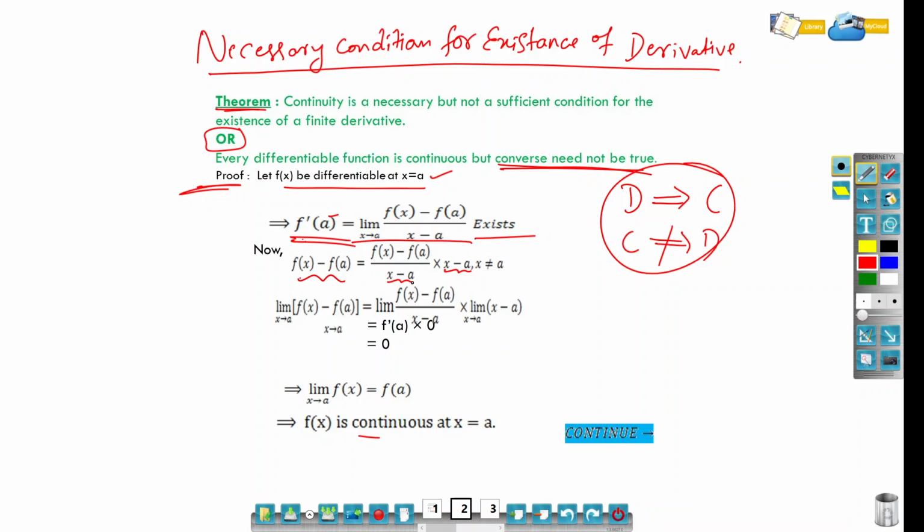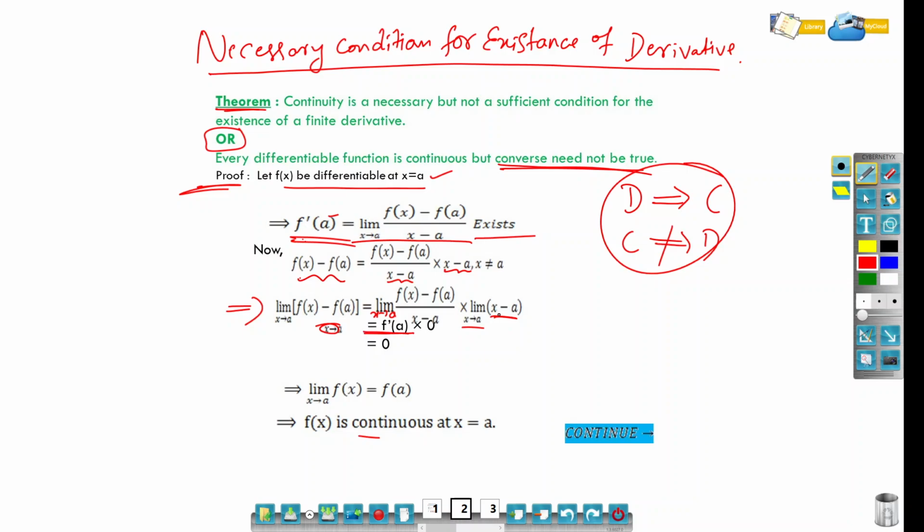Next apply the limits on both sides. So limit of f of x minus f of a as x tends to a equals limit of f of x minus f of a divided by x minus a, into limit of x minus a as x tends to a. The limit of f of x minus f of a divided by x minus a is nothing but f dash of a.